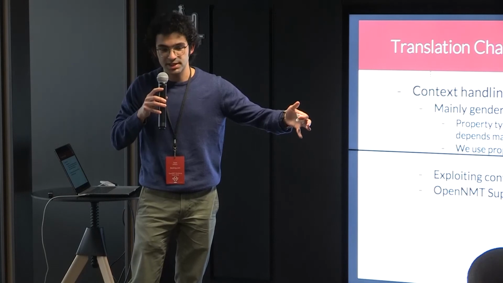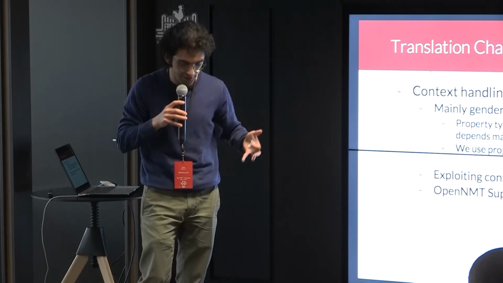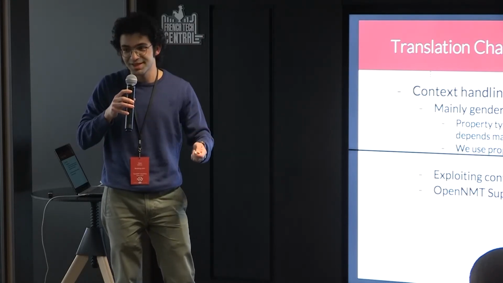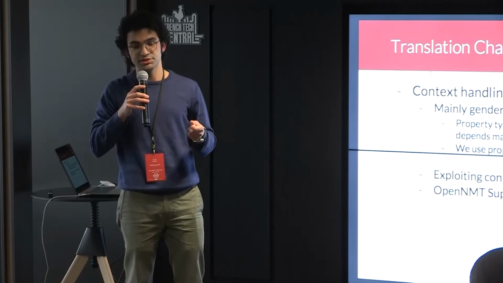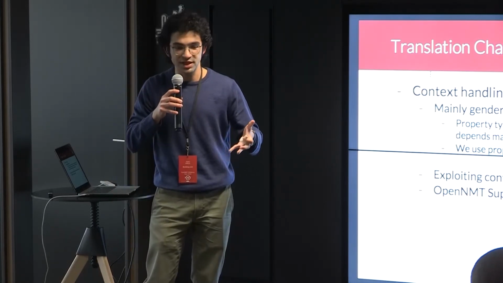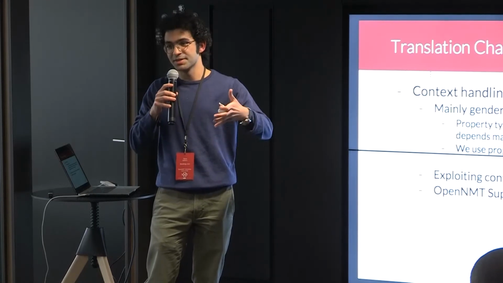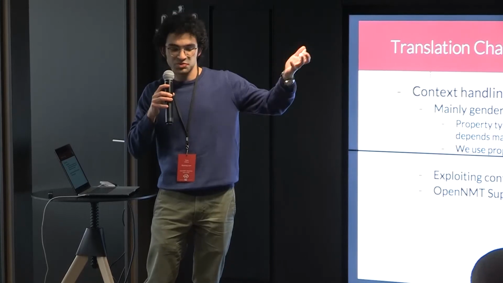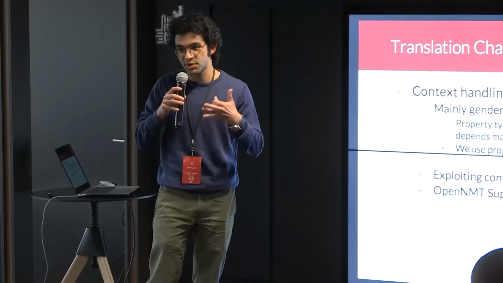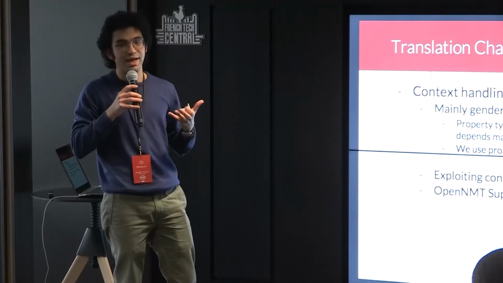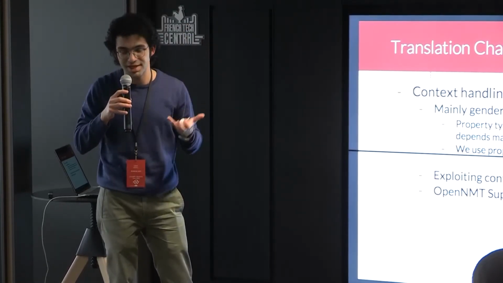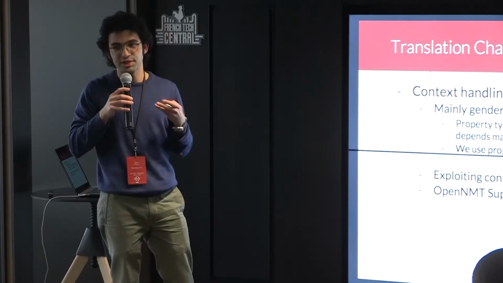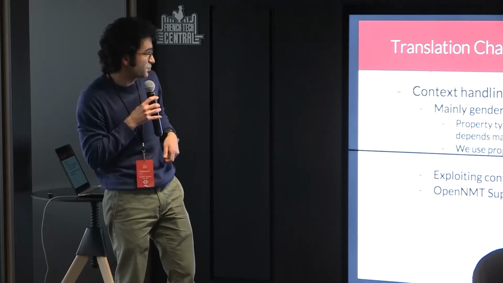But in Russian or Arabic, if you don't know the gender of "it", it might be translated incorrectly. A hotel can have male gender, and a chalet could be different. So depending on the property type, you have different genders. You need the context from the previous sentence, and NMT systems are mostly trained on a sentence basis, so you get these things incorrectly.